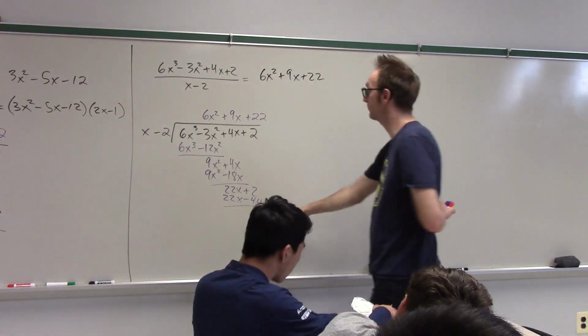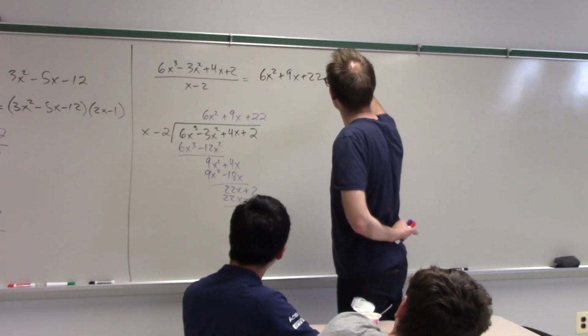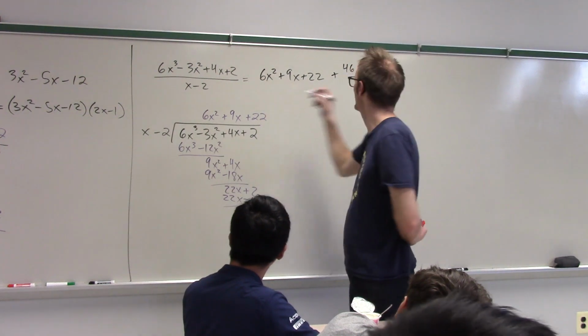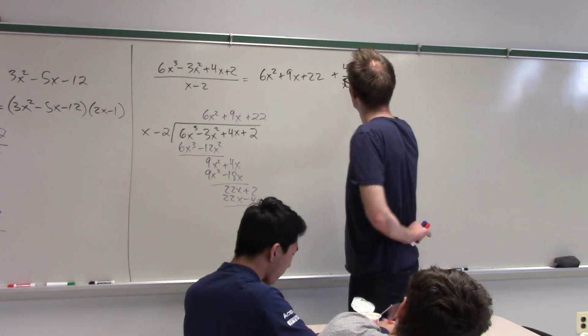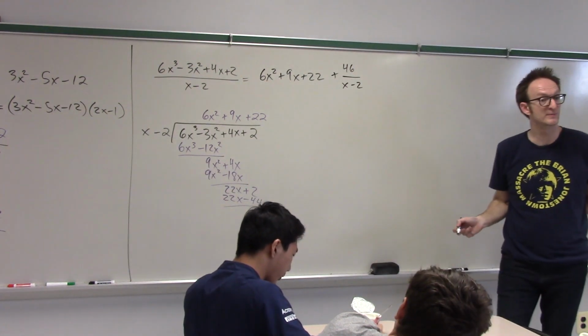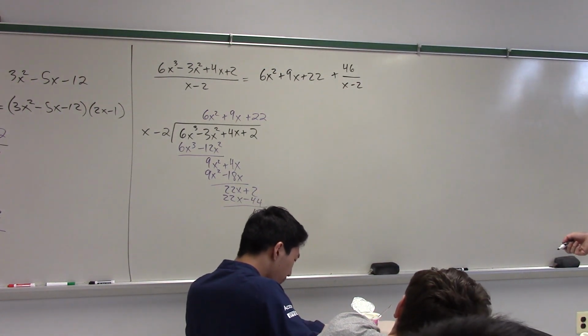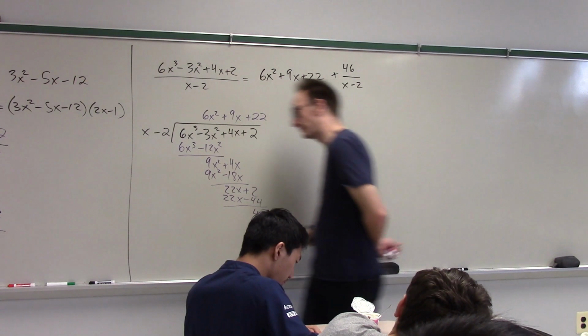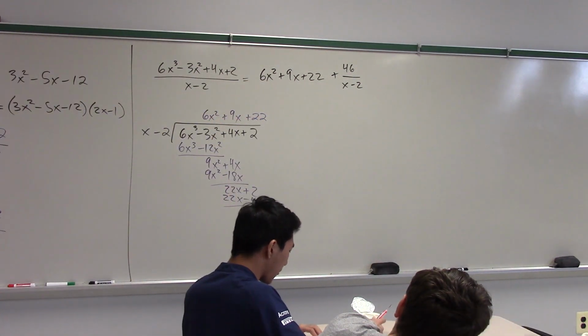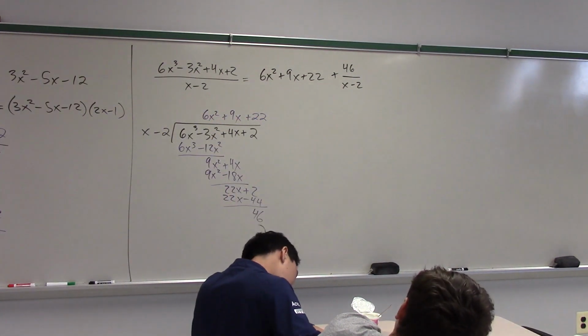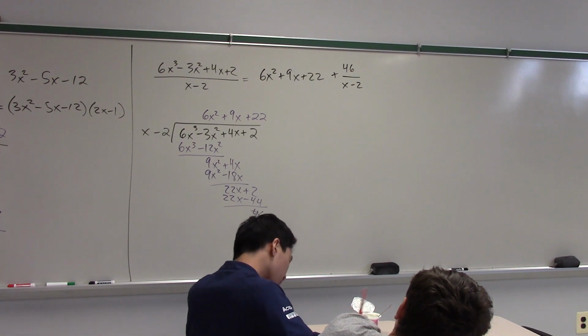And the leftover, 46, is how much didn't go into x minus 2. So you end up with something like that. Did you guys get comfortable writing it this way in pre-calc A? Okay, good. What did we do? We divided a cubic by a linear and we got a quadratic.